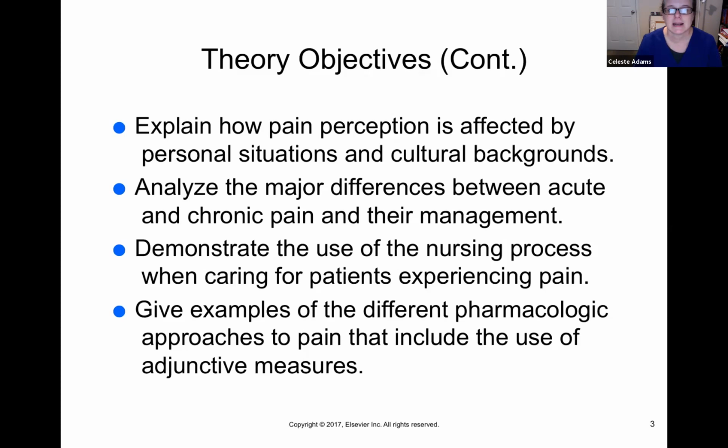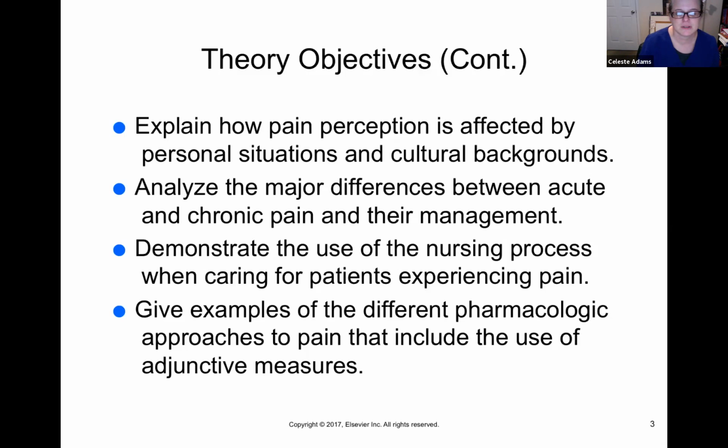Analyze the major differences between acute and chronic pain and their nursing management. How we're going to manage acute pain is going to be slightly different than how we're going to manage chronic pain. We're going to demonstrate the use of the nursing process, assessment, diagnosis, planning, implementation, and evaluation when caring for patients experiencing pain. Give examples of the different pharmacologic approaches to pain. Pharmacologic means dealing with medicine.